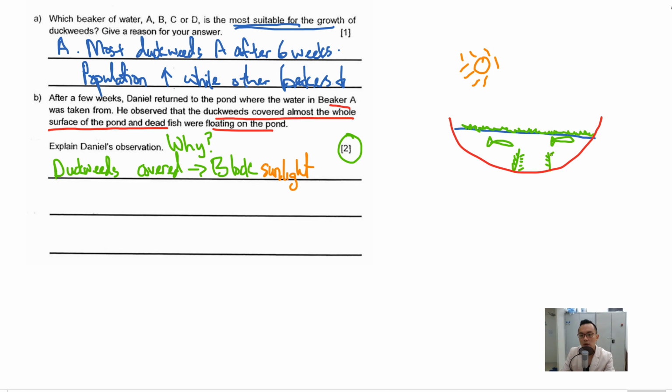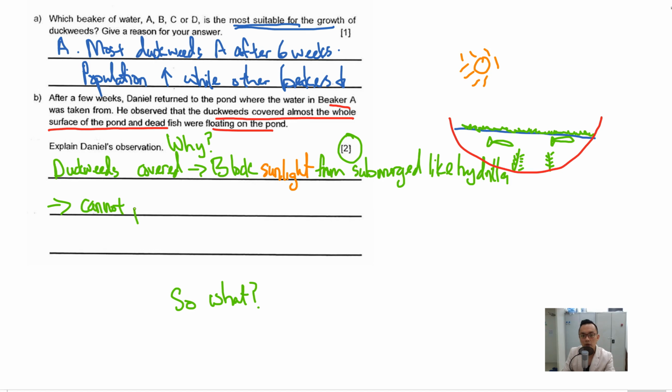So this is your hydrilla or your elodea. Block sunlight from submerged plants like hydrilla. Okay, and remember you have to ask yourself, so what? Okay, so what if it blocks sunlight from submerged plants like hydrilla? Then you cannot photosynthesize.